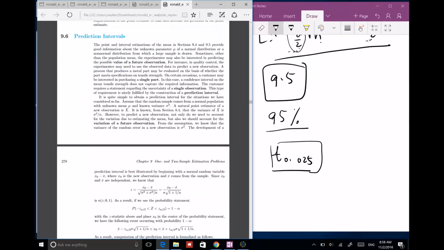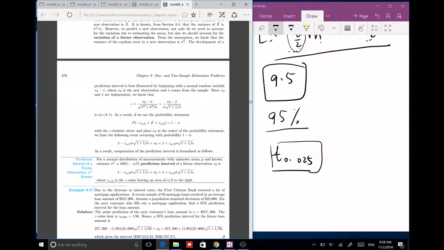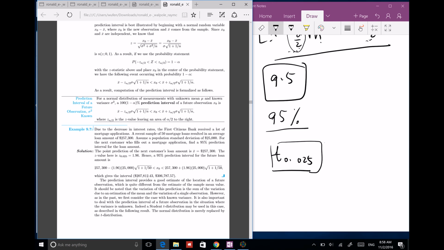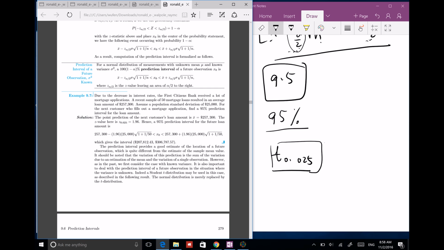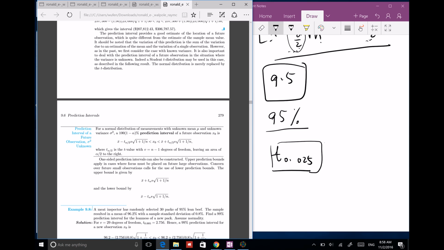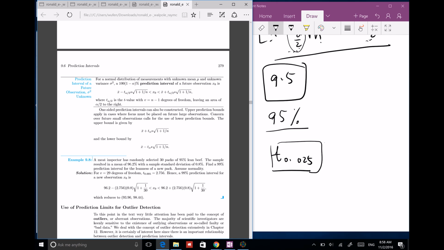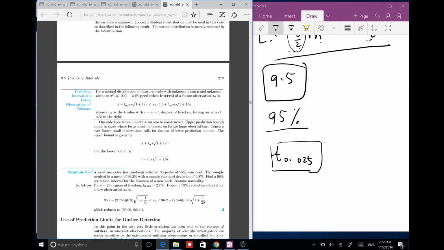Then 9.6, prediction intervals. Please read that yourself and see if you understand it. I think prediction intervals are not really hard. I will give you more examples in the homework and show you how to use StatCrunch to do the estimation problems.